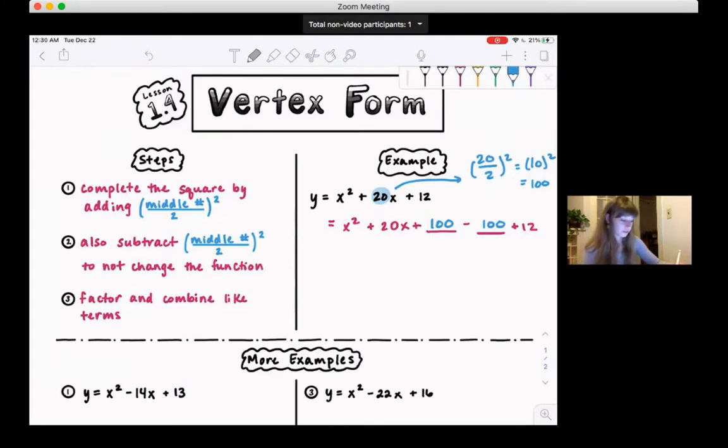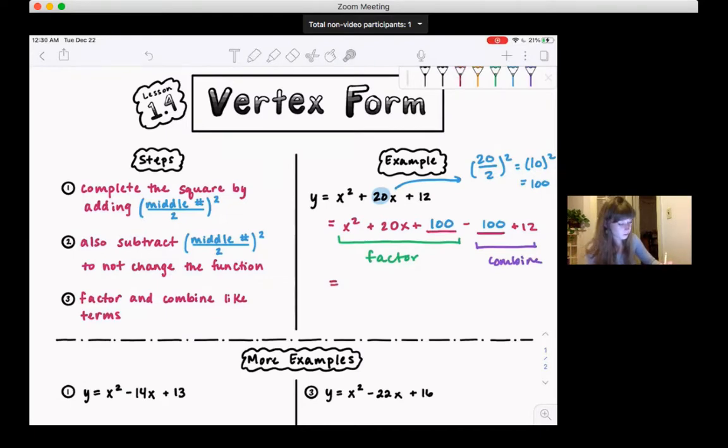The next thing we need to do is factor these first 3 terms. That's kind of like what we were doing in the last lesson. And then we're going to combine the like terms at the end. Okay, so let's say we factor this.